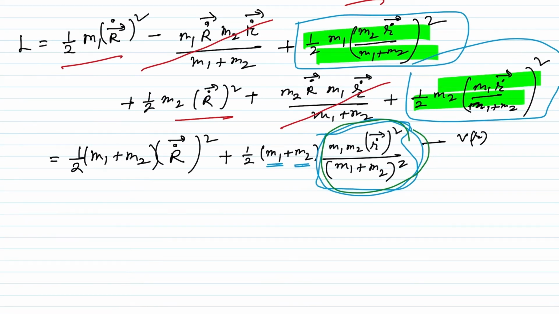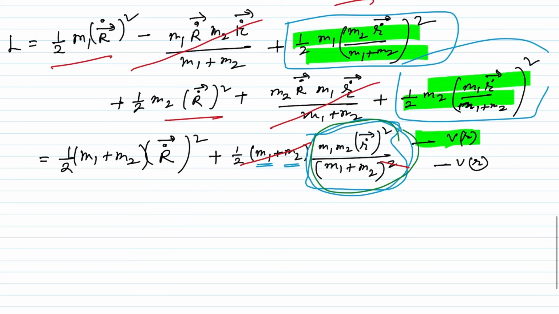Now here you see this is square, so it will be cancelled with this term. One more thing, minus V r. This minus V r was for the above equation.